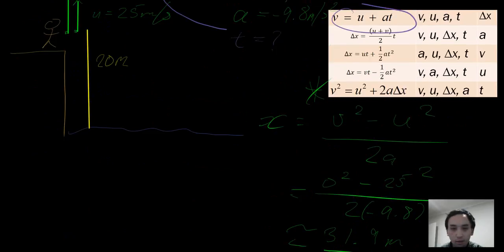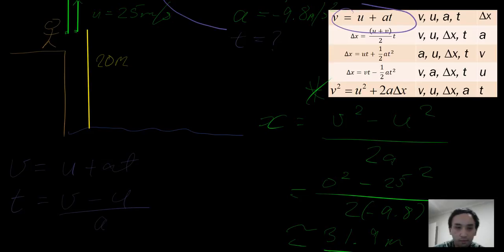So we're going to end up with v equal to u plus at. Now if we're solving for time here, this just means that time is equal to final velocity minus initial velocity divided by a.